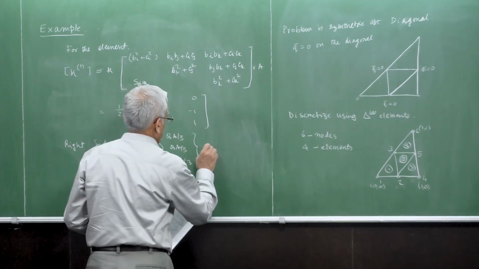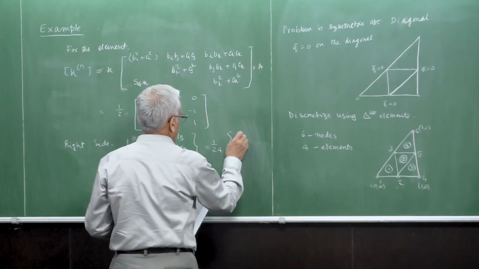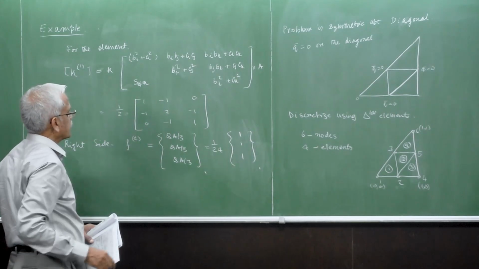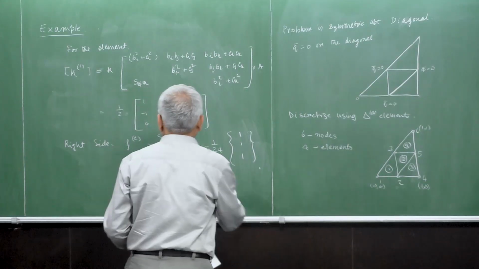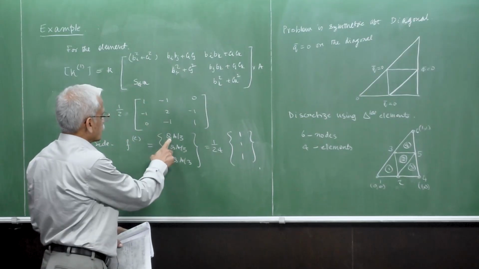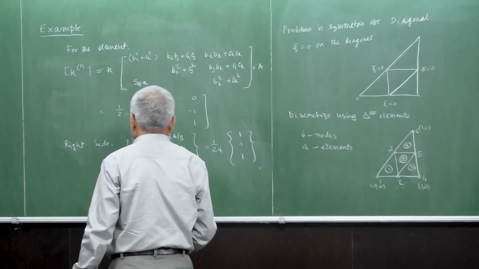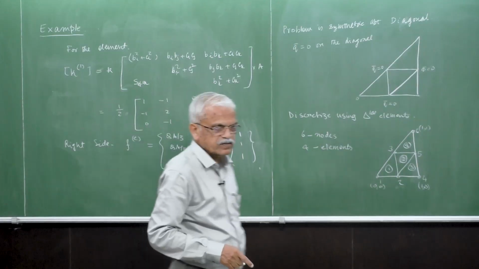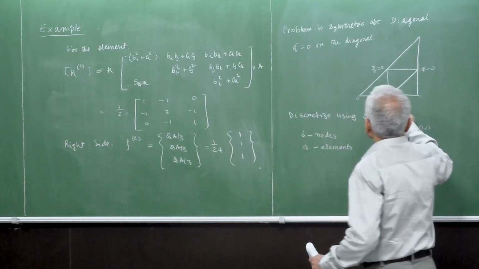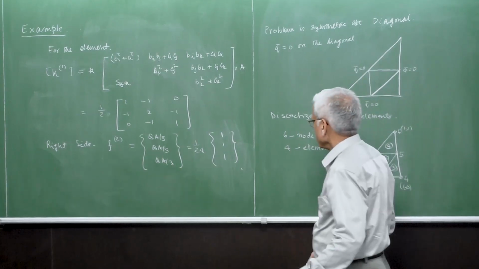Actually, this comes out to be 1 by 24, 1, 1, 1. Okay. This is because of the right side vector, which is coming because of the heat source Q. There is also another term which comes. The second thing which will come is because of the heat flux. And here it so happens heat flux anyway on these two boundaries is 0, so it doesn't contribute anything at this point for this problem, right?